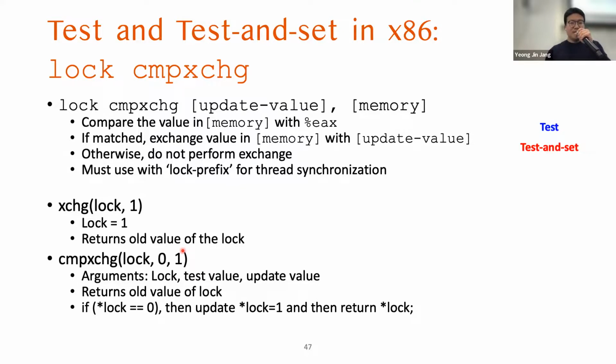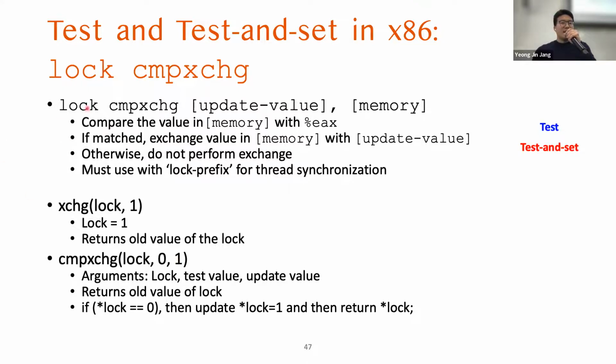So if we run compare exchange lock 0 1, it will first check if the lock variable value is 0. If that is 0, then it will write 1. Otherwise, it will not do anything. That's how we remove the cache invalidation for the unnecessary update.